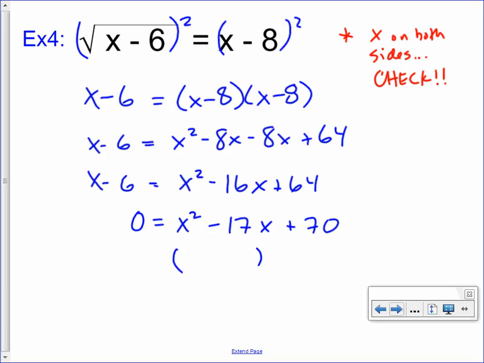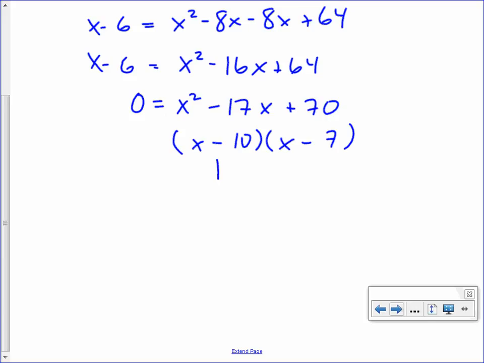Factor, factor. X, 8 and 9. 7. 7 to get negative 17, minus and minus, right? So this one says x is equal to 10, and this one says x is equal to 7. One of those is extra.